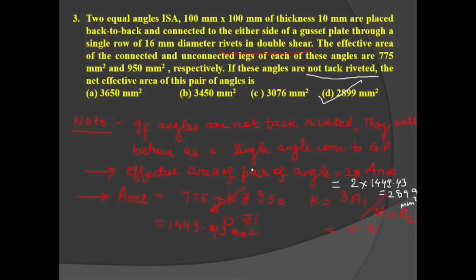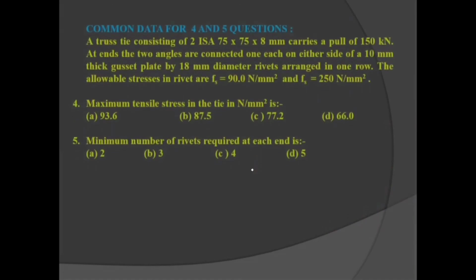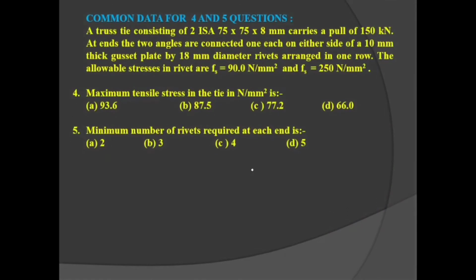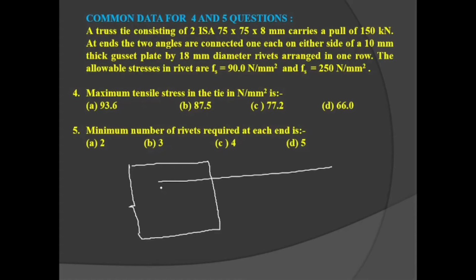Now the next question, question number 4. The truss tie consists of a pair of angles, 2 ISA 75 by 75 by 8, and carries a pull of 150 kN. Likewise this is our gusset plate, to which the angles are connected, likewise this.